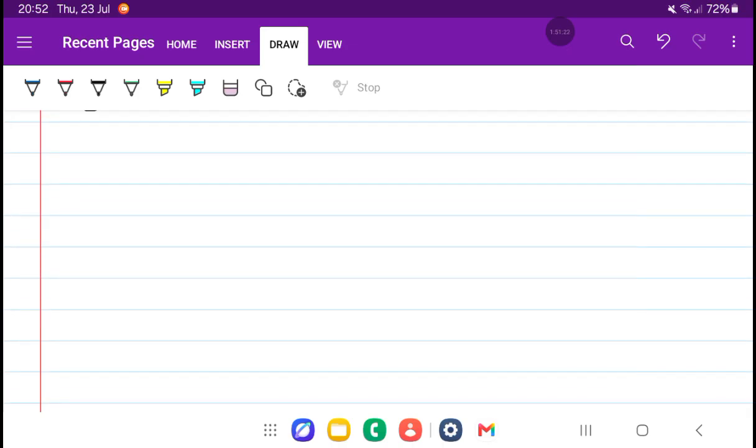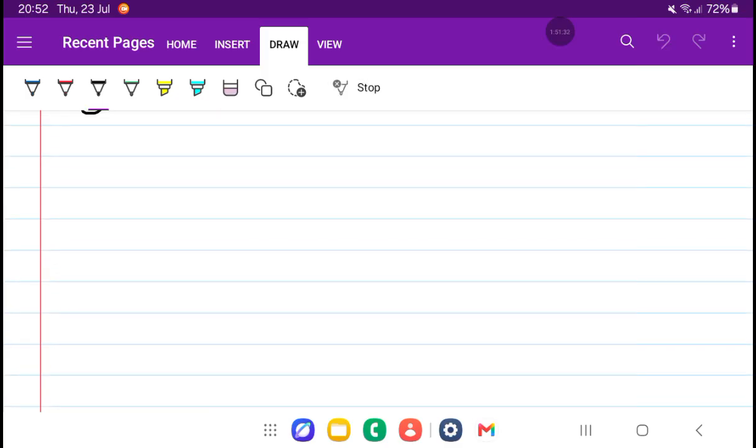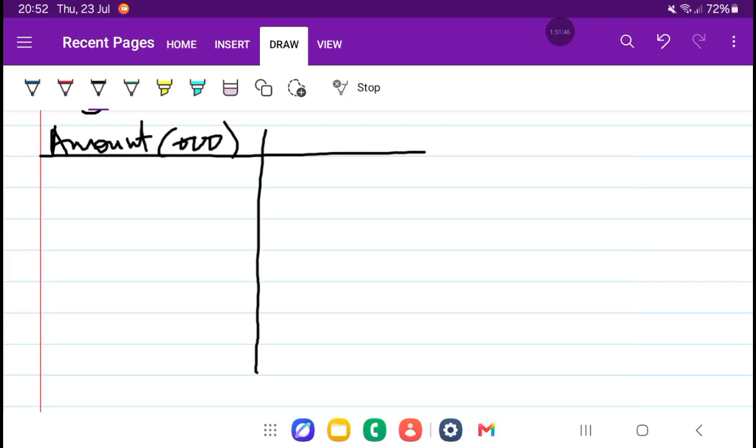So we have the table. The table shows the expenditure. These are amounts, in thousands, of course UGX, Ugandan currency. Then we have the frequency.